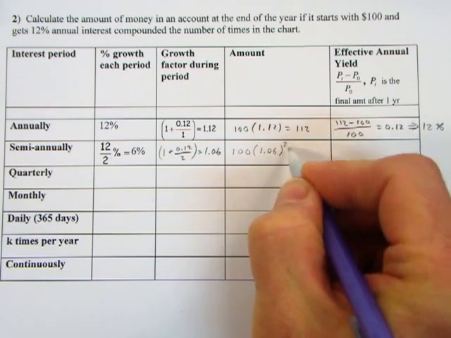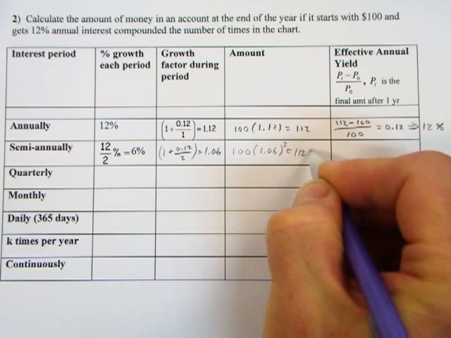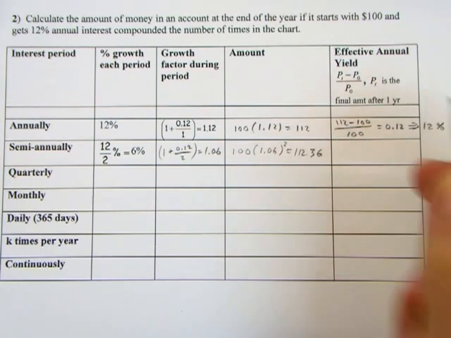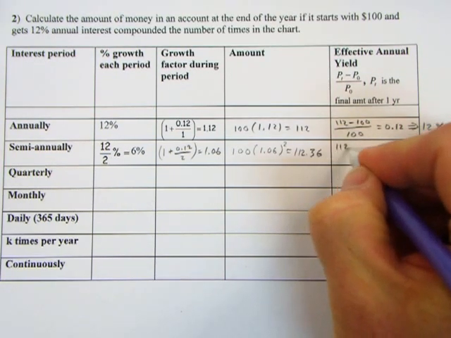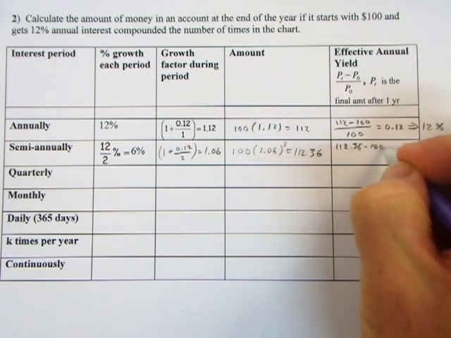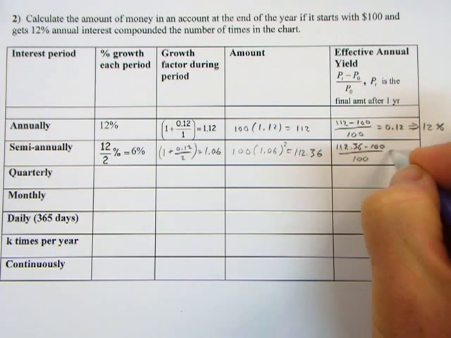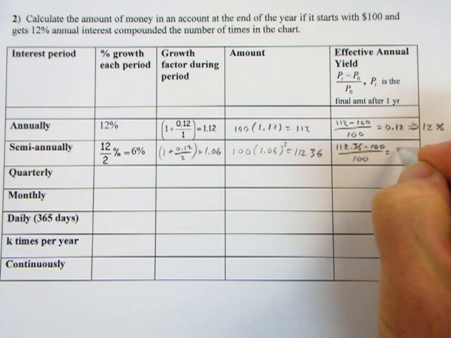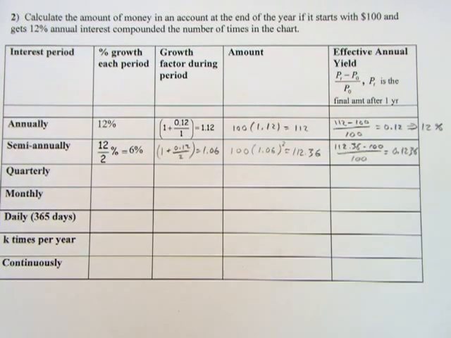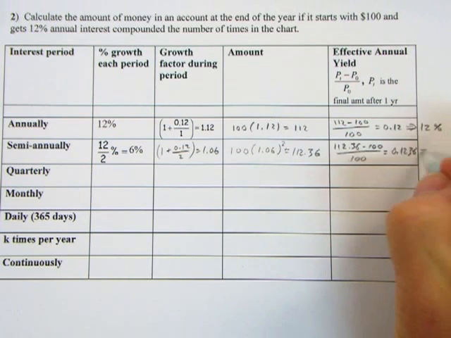And you do that calculation, you get 112.36. And then we can just come over here, 112.36 minus 100 divided by 100. So we get 0.1236, we get an interest rate this time of 12.36%.